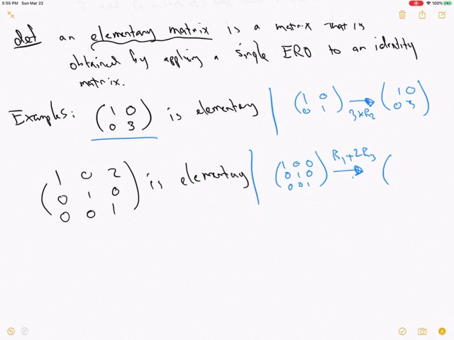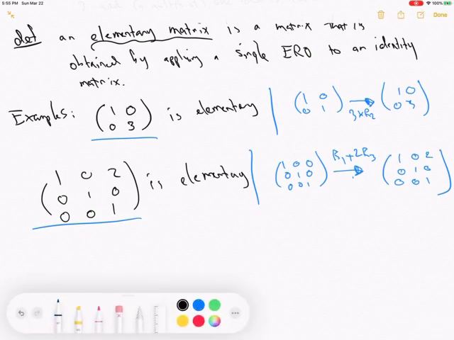We leave the last two rows alone, and row 1 plus 2 times row 3 gives 1 plus 2 times 0, still 1, 0 plus 2 times 0, still 0, and 0 plus 2 times 1 gives us the 2. So indeed, this is an elementary matrix.